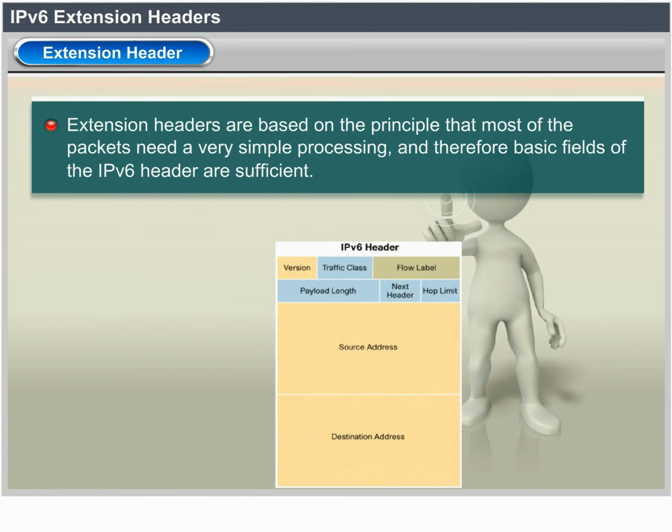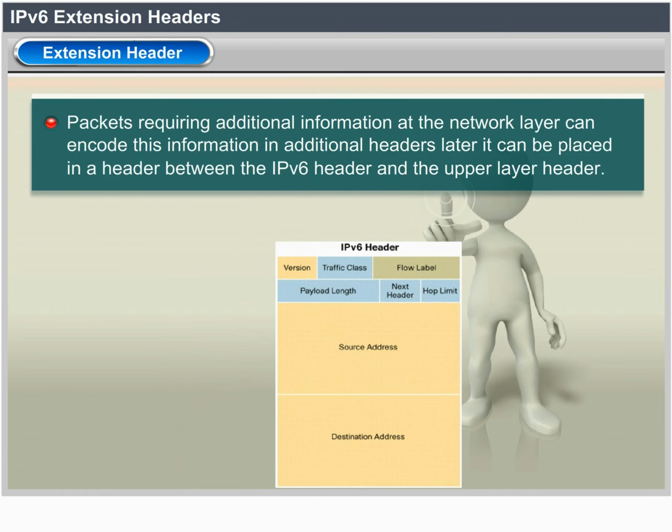Extension headers are based on the principle that most of the packets need a very simple processing, and therefore basic fields of the IPv6 header are sufficient. Packets requiring additional information at the network layer can encode this information in additional headers that can be placed in a header between the IPv6 header and the upper layer header.